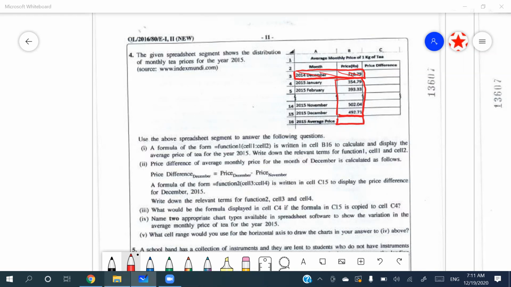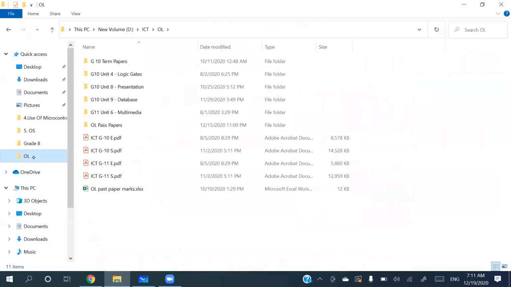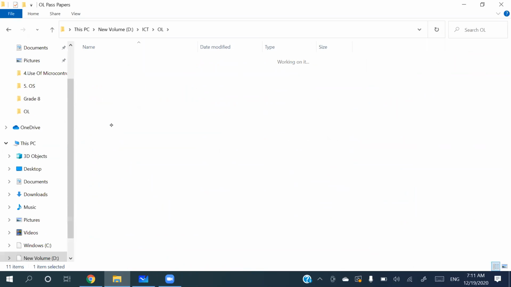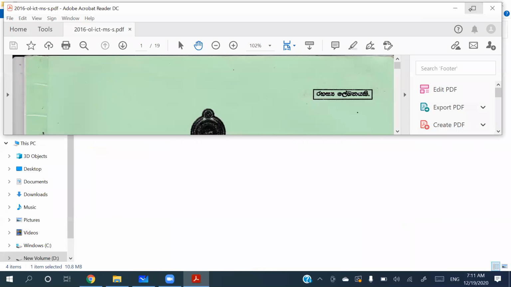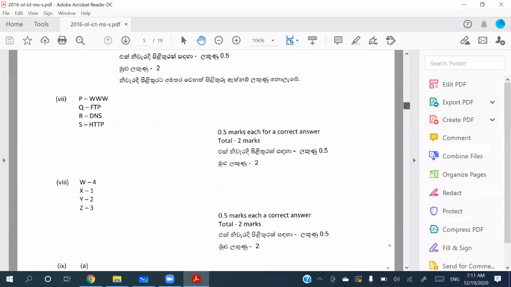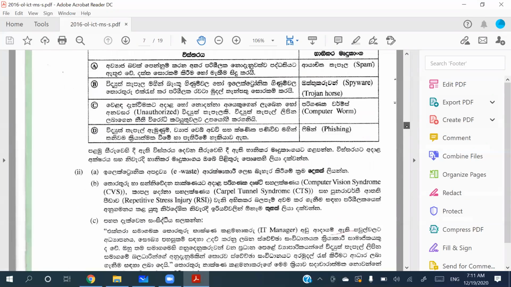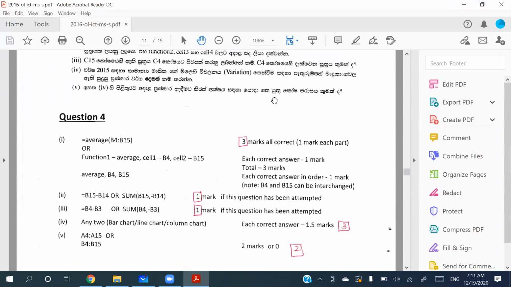So let's have the marking scheme as well. So it will be much easier. There it goes.